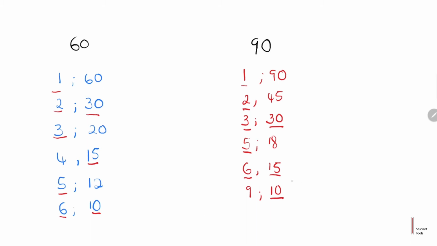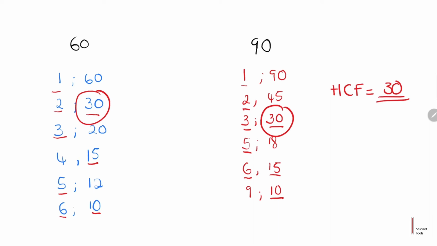From these common factors, which one is the highest? 30 is the highest common factor here. So the highest common factor of 60 and 90 is 30. HCF is equal to 30. That is our answer to question 1.